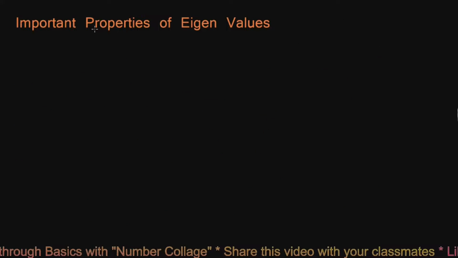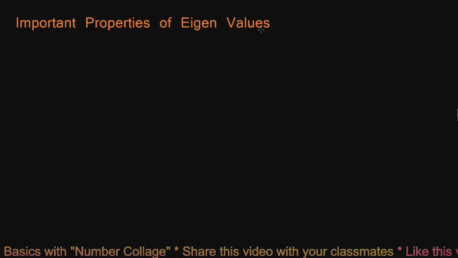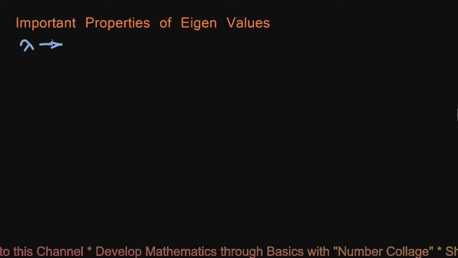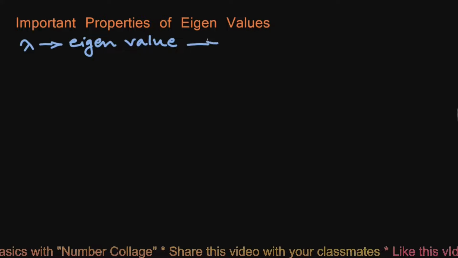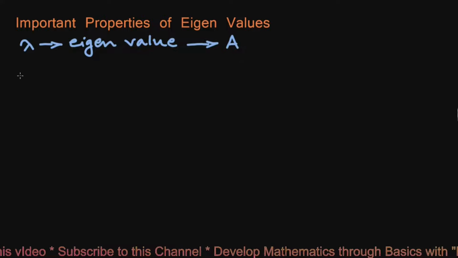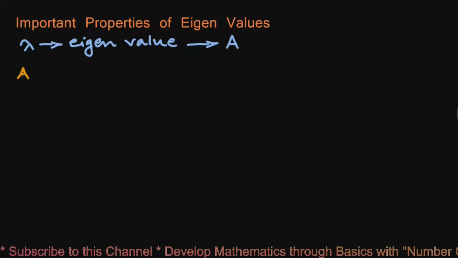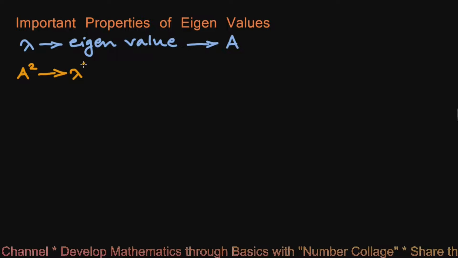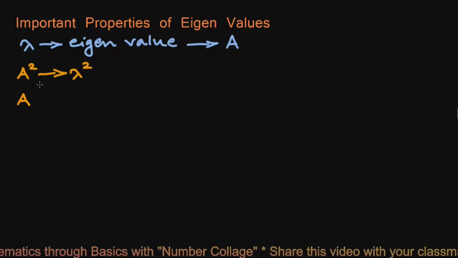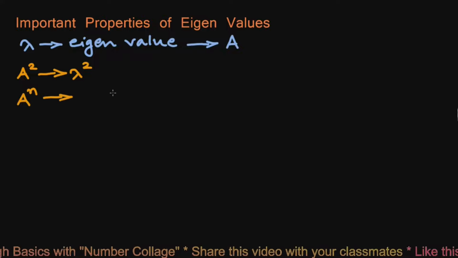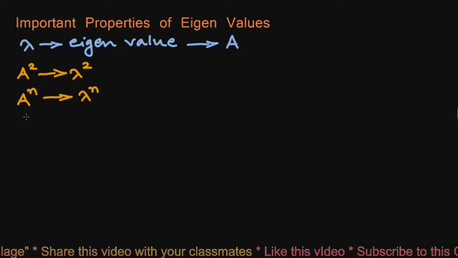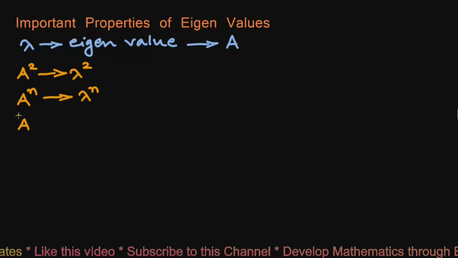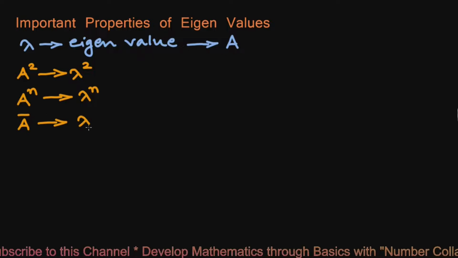Now we will write the important properties of eigenvalues in a nutshell. If lambda is an eigenvalue of matrix A, then the eigenvalue of matrix A square is lambda square. Eigenvalue of matrix A power n is lambda power n. That of transpose of matrix A, A dash, is lambda.